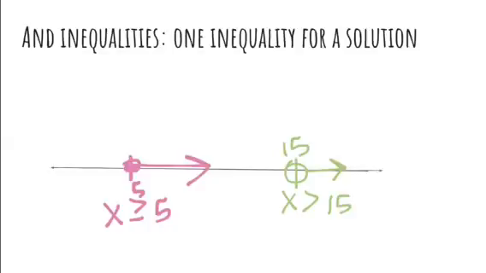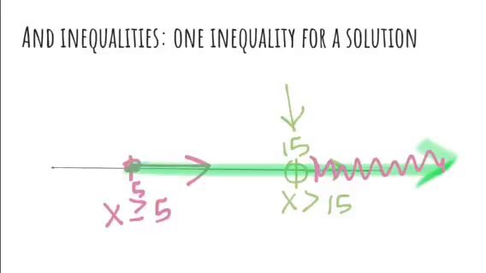Remember, AND is where they overlap, and this comes all the way over here, and you can see that it starts to overlap once we get to 15. And so every number that is true for both inequalities is going to be these numbers over here. So essentially, this is the only inequality that would be our solution. Since 15 itself is not a solution for this, we have to leave it as x greater than and not greater than or equal to.